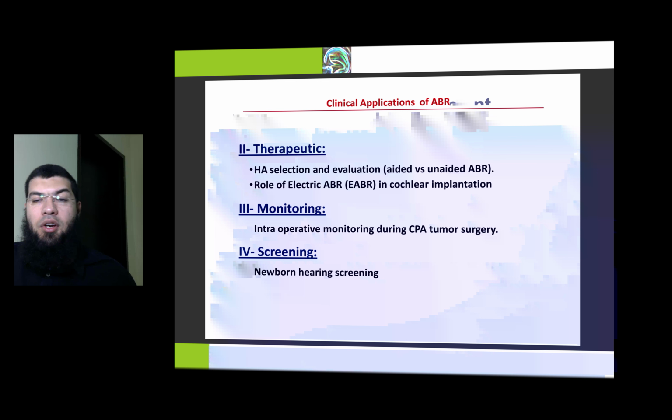It is used in hearing aid selection, fitting, and evaluation using aided versus unaided ABR. It plays a role in cochlear implantation and electric ABR. It is also used in intraoperative monitoring of CP angle tumor surgery, and in newborn hearing screening, which will be discussed in another tutorial, inshallah.